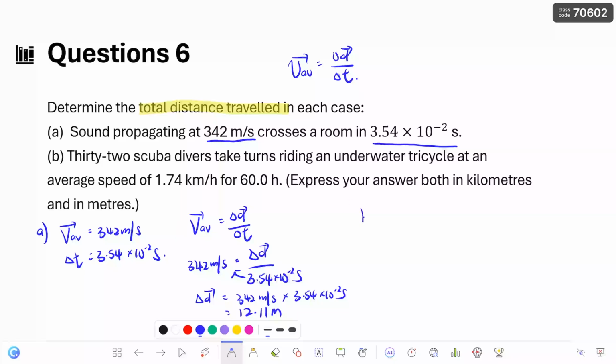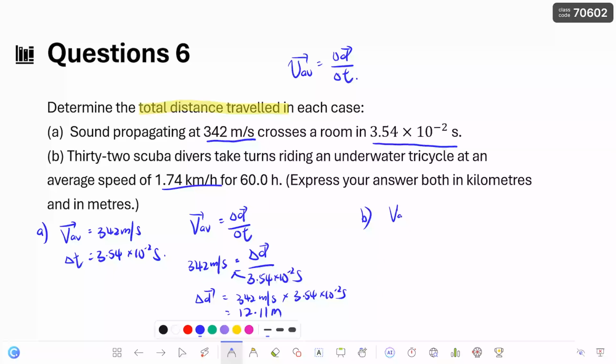And then for B, 32 scuba divers take turn riding an underwater tricycle at an average speed of 1.74 km/h for 60 hours. You have to express your answer both in kilometer and meter. Okay, so first of all, we have the information, which is the speed.